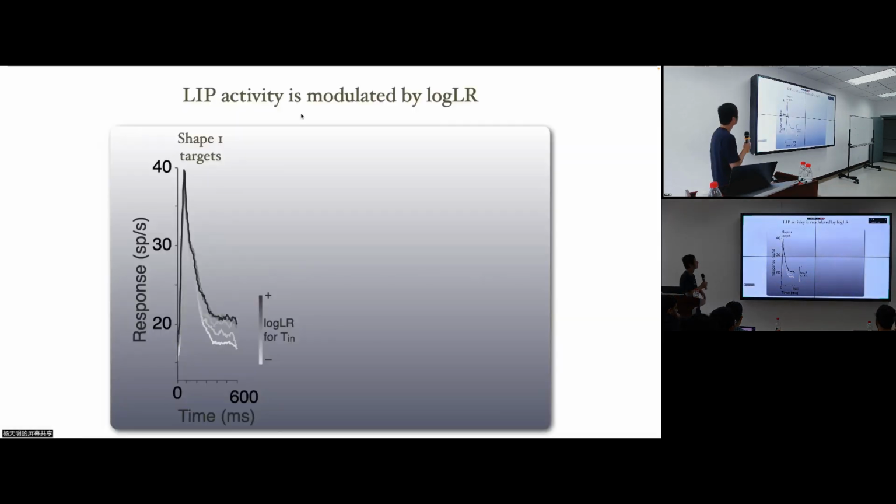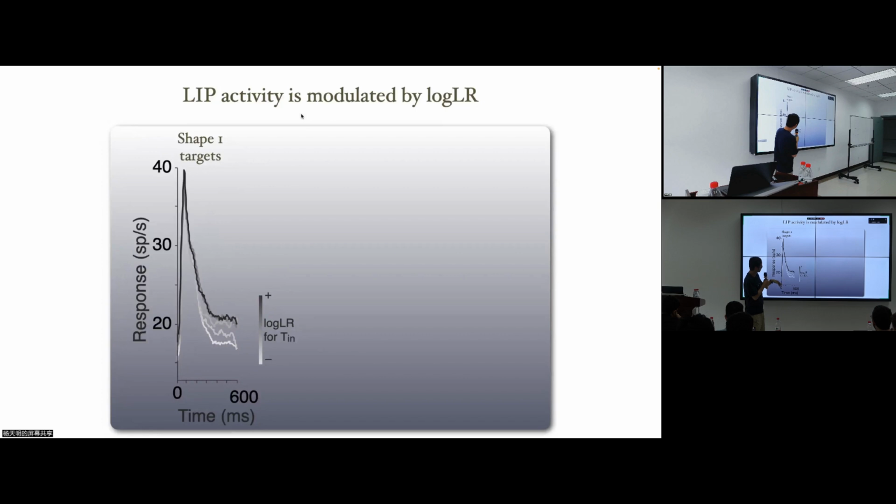Okay. Now I can share some quantitative analysis. Here I'm showing the PSTH, the response against time. At the very beginning, when the first shape as well as the choice target appears, you can see a transient response, but let's ignore this for a moment.